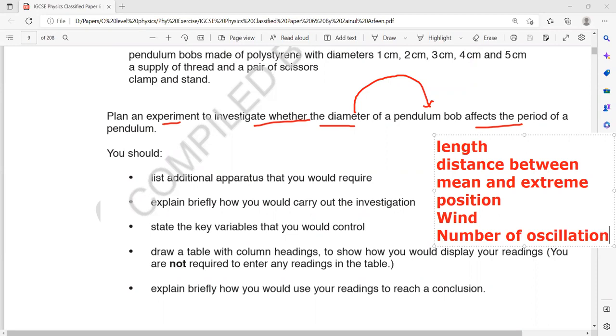Look, when you're changing the size, you have bobs which are made from polystyrene with different diameters. So it's obvious that if they have different sizes and the same material, they will have different masses. That you cannot keep the same. Yeah, it's mentioned, length of a pendulum. The length of a pendulum or the length of a thread is the same, but length of a pendulum is more appropriate rather than length of the string.